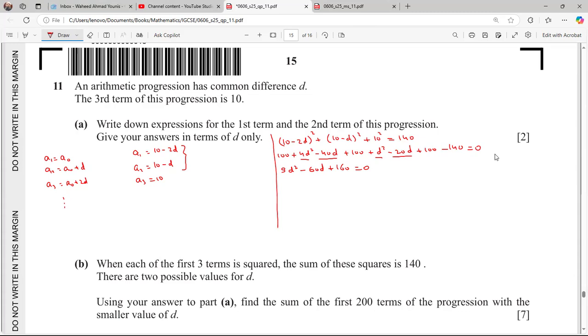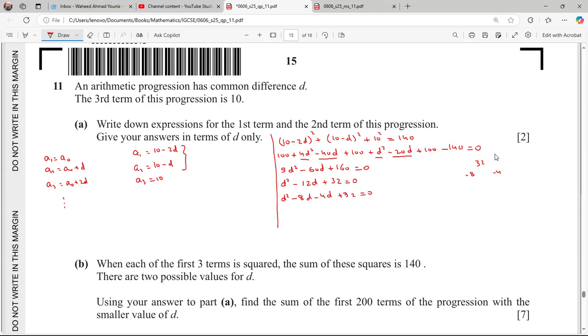Now if I divide everything by 5, it's going to be d squared minus 12d plus 32 equals 0. Now I need to factorize this. So 32's factors are 8 and 4, and if they both are negative, then I have this answer. So it is d squared minus 8d minus 4d plus 32 equals 0.